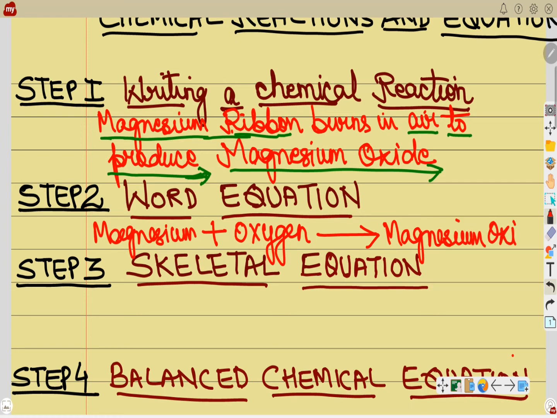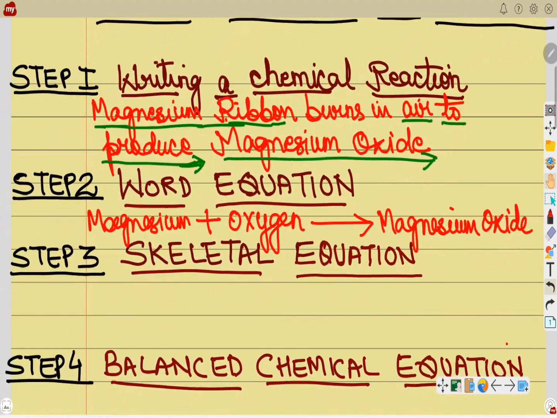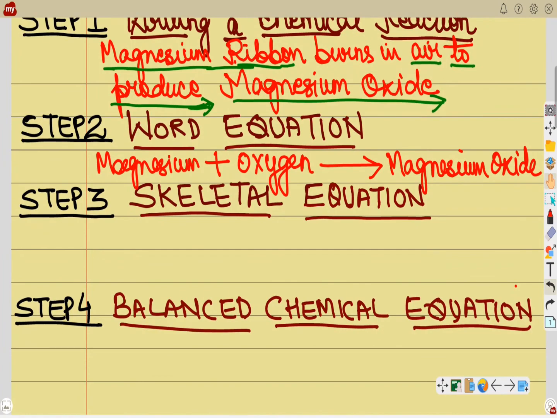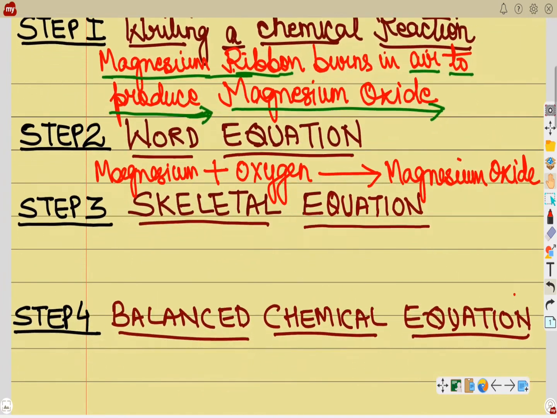This we have written here. This has become the word equation. You need not jump directly to the chemical equation in the starting. In the end, when you practice a lot, then you will easily be able to jump to the next steps. So we have written a word equation from the chemical reaction.